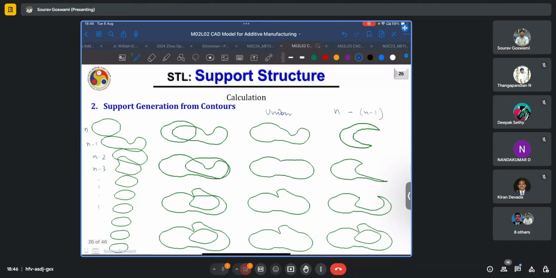This is the region where the fresh supports will be needed, just for this slice combination. Now we compare this union of the two slices again with the n minus 2th slice. We observe that this is the region where supports must be deposited, which is shown here. Compare this union again with the next slice and so on.